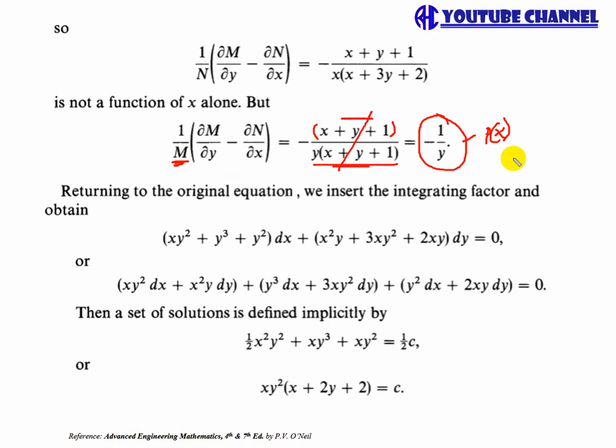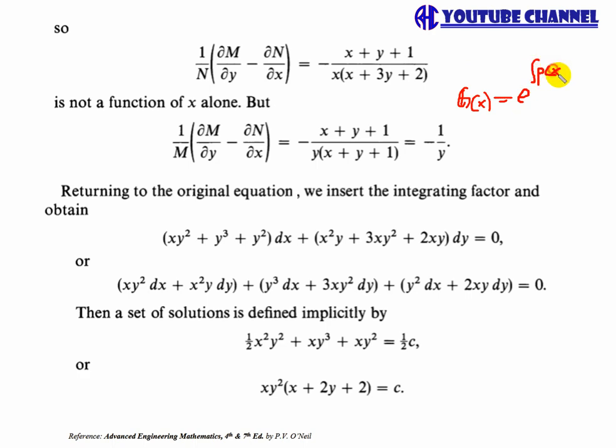Okay, so what is our integrating factor? Of course, we need to get the integrating factor by the formula, right? What do we use? G of x is equal to e raised to the integral of p of x dx. Since our variable is y, the x should be changed into y.